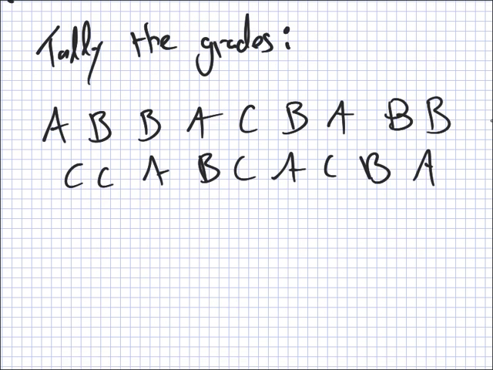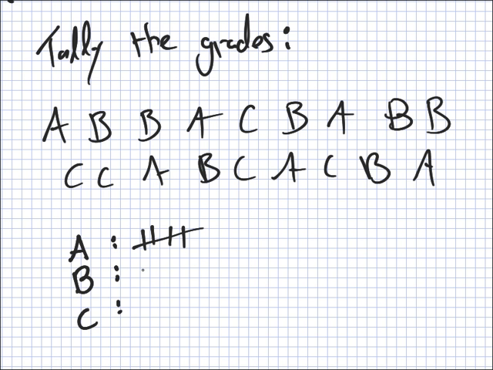So this is what it means to tally. So first we write down all the possibilities. So in this data set you could have an A, a B, or C as an example. And then we use our tally marks. So let's see, we have an A, 3, 4, and then every 5 you draw a diagonal line here.